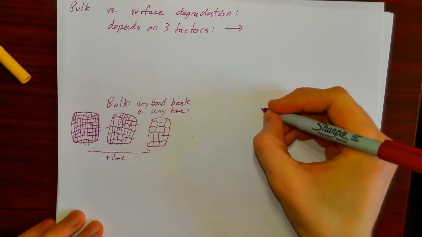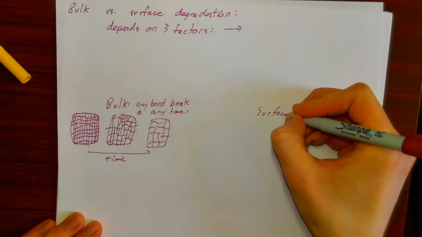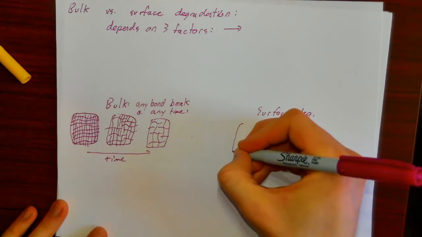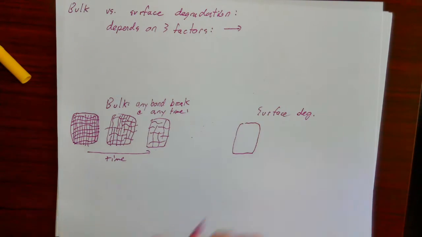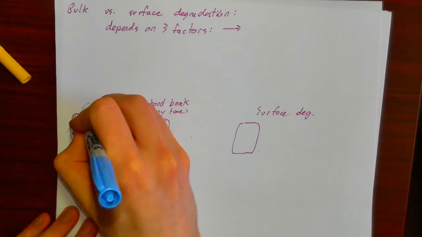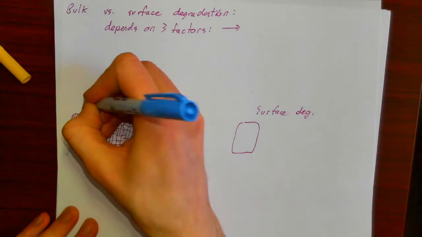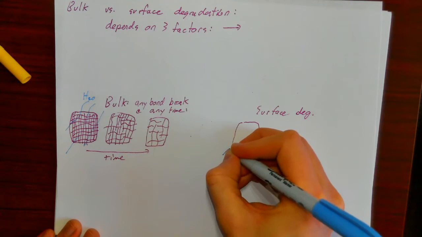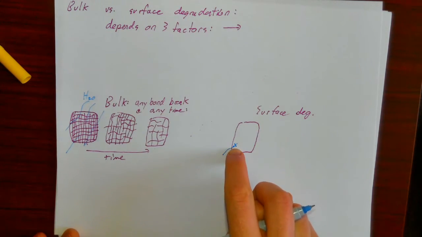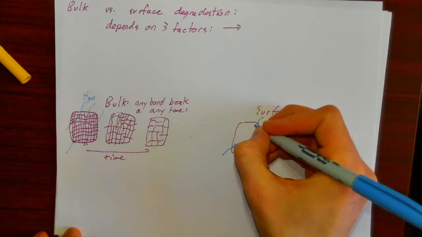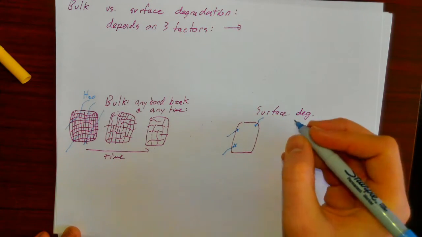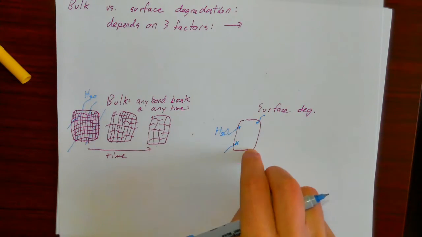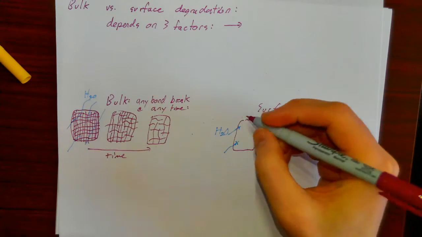We might contrast this to surface degradation. Here, water was freely diffusing through the whole device. In surface degradation, water attempts to diffuse into the device, but reacts so quickly that it can really only attack polymer bonds at the surface. So what does this mean?